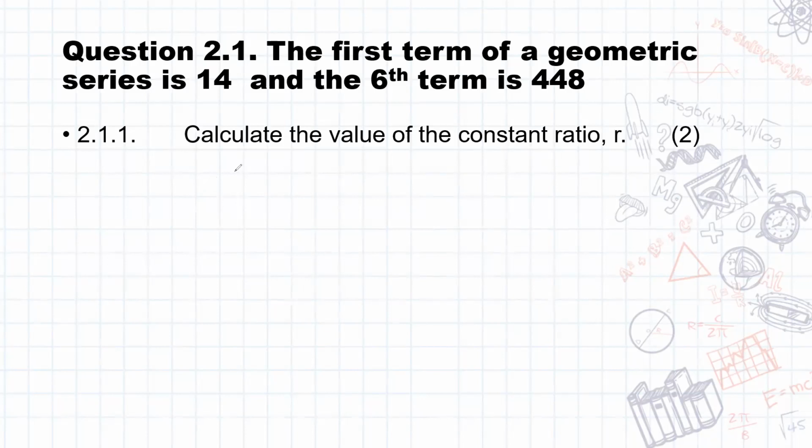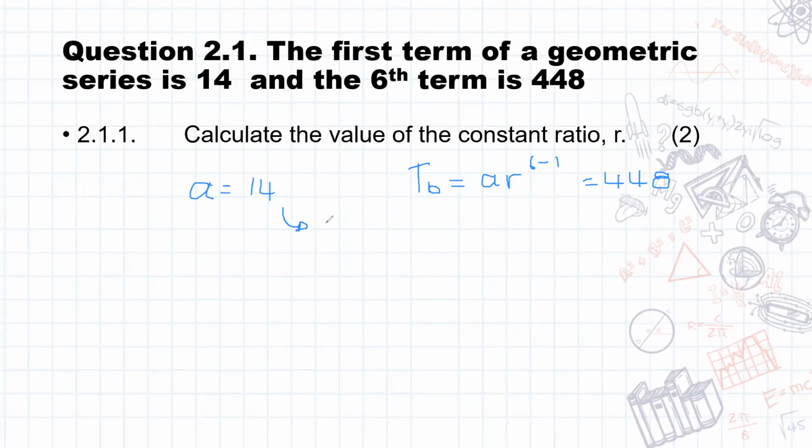So we can see that A is 14 and term 6, which can be written as A times R to the power of 6 minus 1, is equal to 448. Now we already have A, it's given to us as 14, so we can substitute that in.